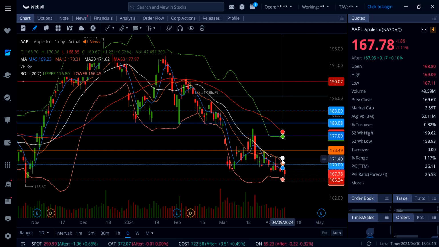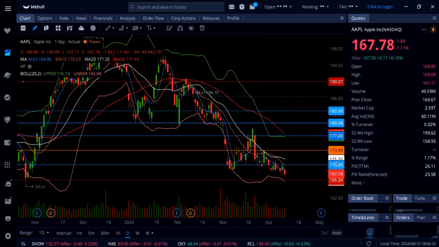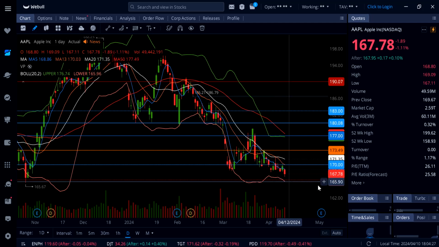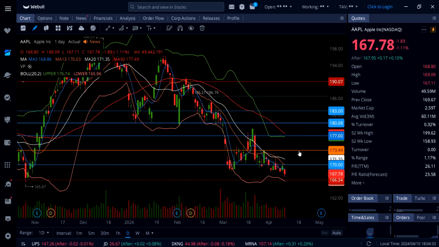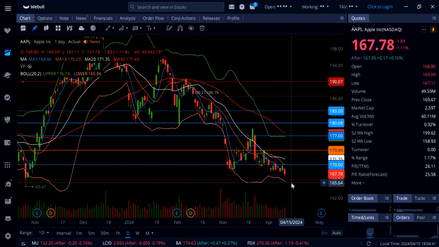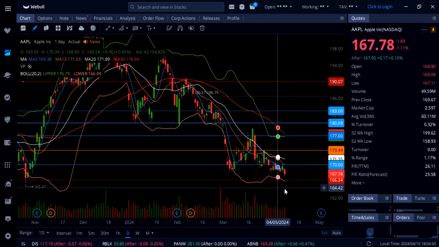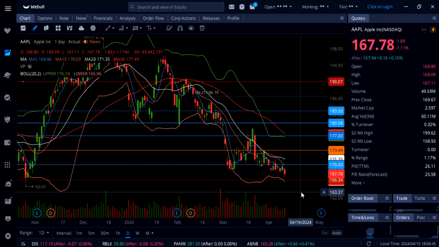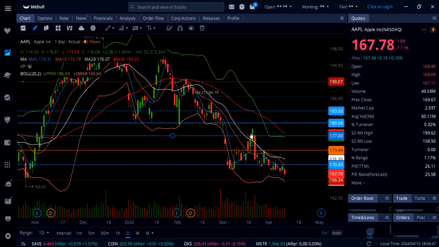Now if Apple gets a bounce, it needs to get over 170 and then 171.35, above the 20-day moving average right here. You're going to see a move up to 173, and once we get up there on Apple, then we can talk about any more upside. Until then, we've got earnings coming up, and on any pullback tomorrow, back to back 2 days or multiple days, Apple is pretty much selling off.